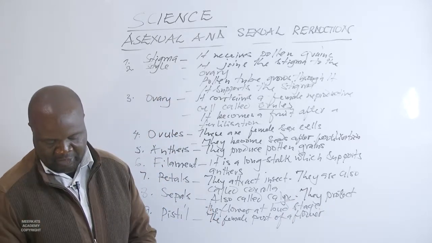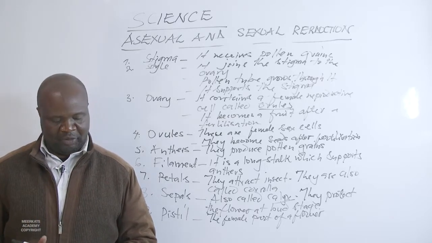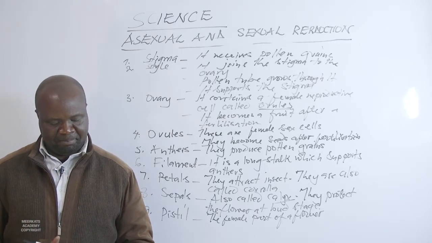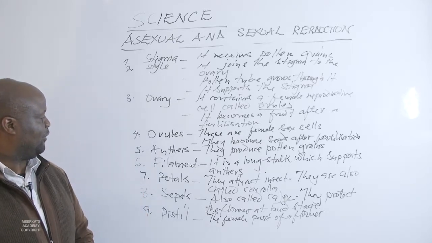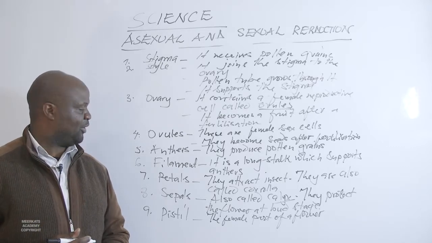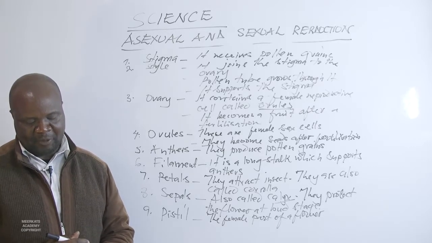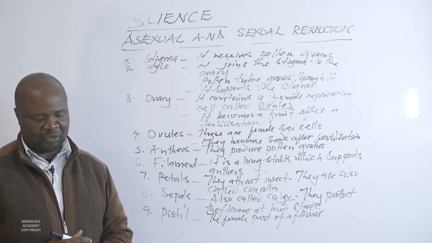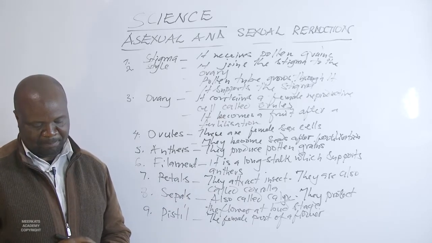It consists of the stigma, the style, the ovary, and the ovules. So the female part of the flower, we call it the pistil.